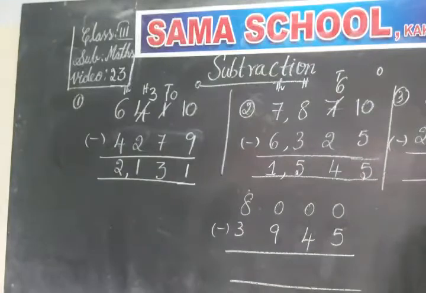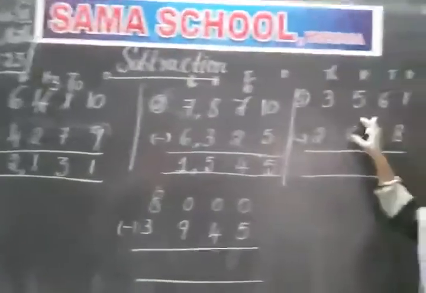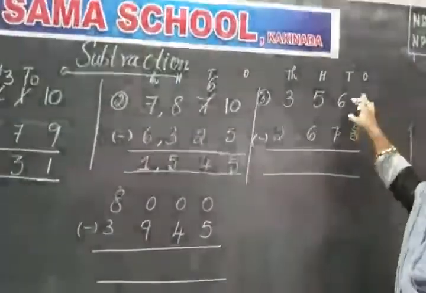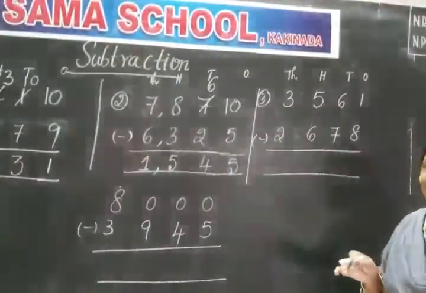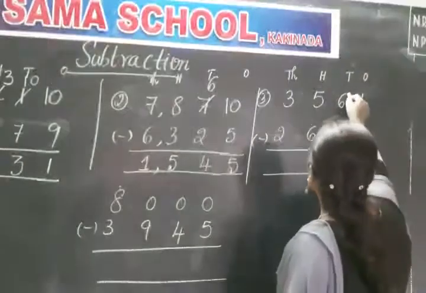Write the place values, children. Ones, tens, hundreds, thousands. What are the digits in ones place? 1 and 8. As 1 is smaller number than 8, we cannot subtract 8 from 1. So borrow from the next place. What is the next place? Tens. Yes. What is the digit in tens place? 6. So borrow 1 from 6.